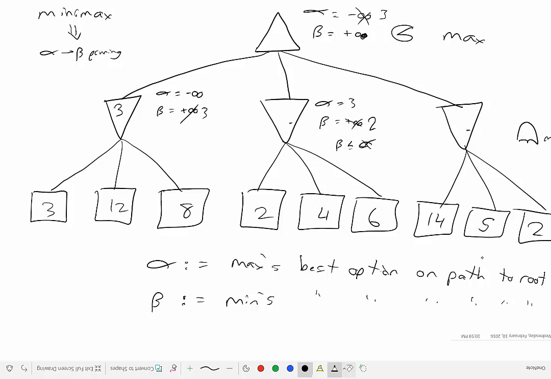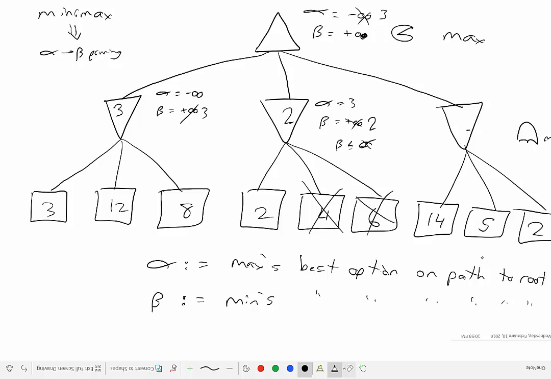If beta can do better than alpha, which is Max's best option, then alpha, which is Max, would never go here. So now we're done, and we're not going to look at the other ones. The value here is 2, so we pass the 2 back up.